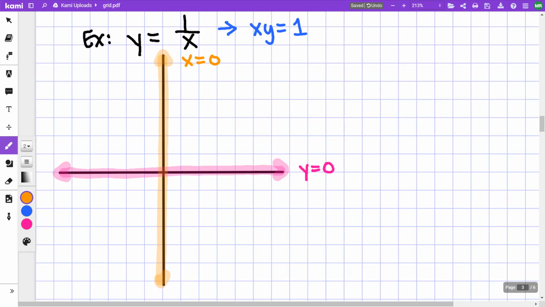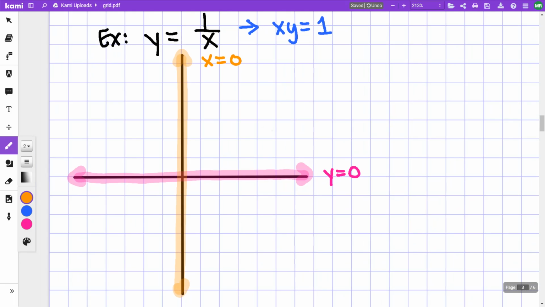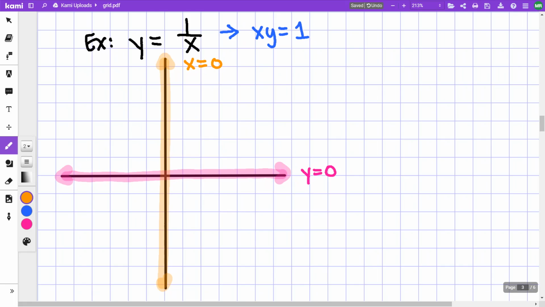Those are going to be our asymptotes. And for this, I'm going to ask for one accurate point. The rest of them are going to be approximations because they're going to be a lot of fractions or decimals. So if I went over to 1, and I'm thinking about this, if my x is 1, what can I times with 1 to get 1?